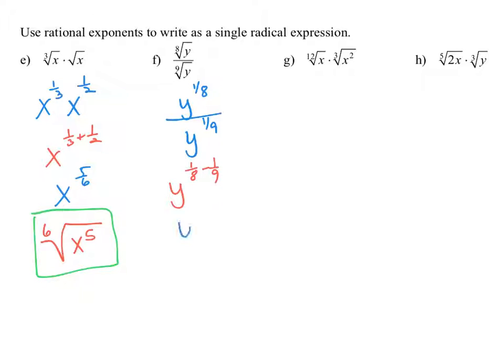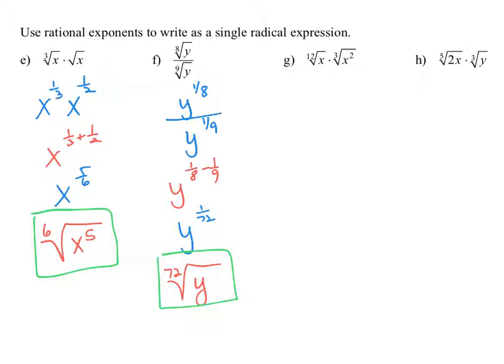Now that's going to simplify. 1/8 minus 1/9 is 1/72. So we can write our final answer as the 72nd root of y. That's how we can take this expression that has two radicals and combine it into a single radical.